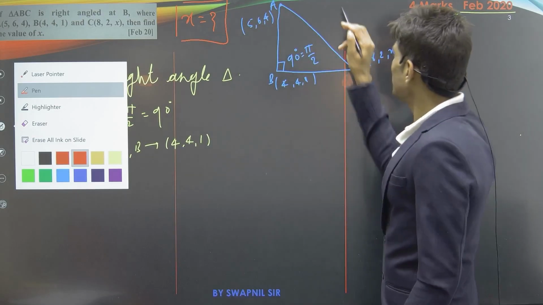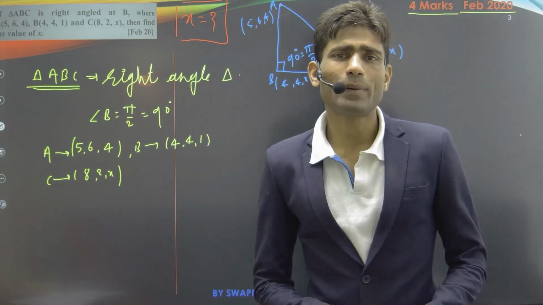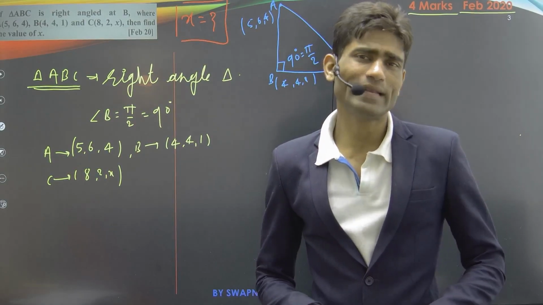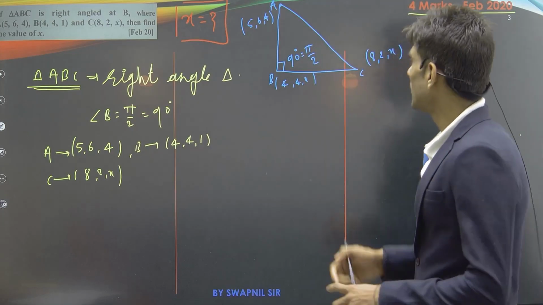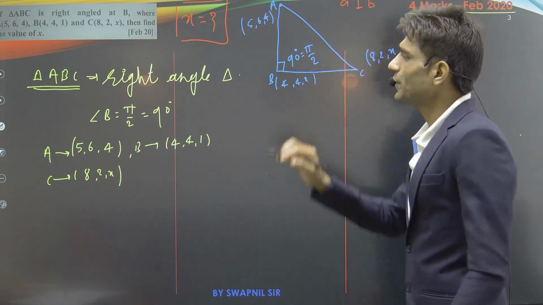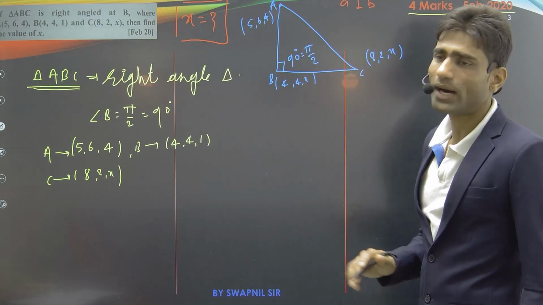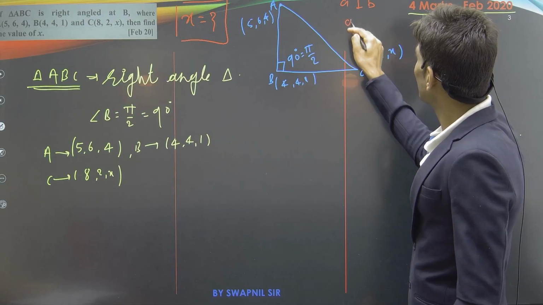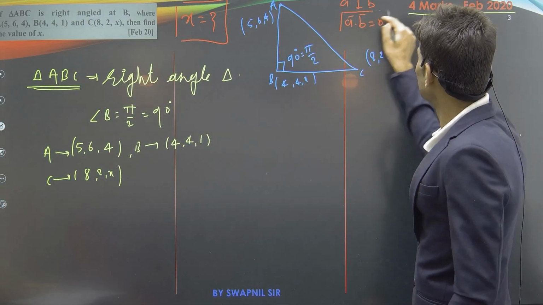One more condition I want to explain: if two vectors are perpendicular, then their dot product is 0. That means if vector A bar is perpendicular to vector B bar, then vector A bar dot vector B bar is equal to 0.